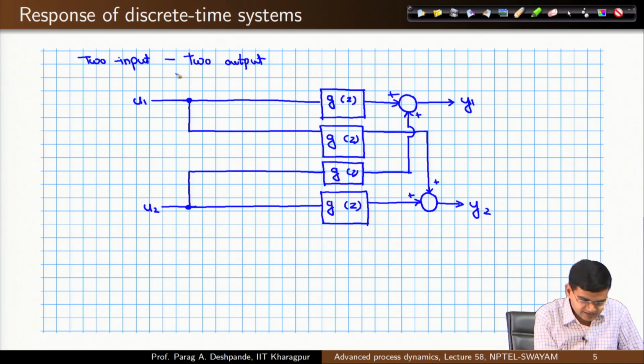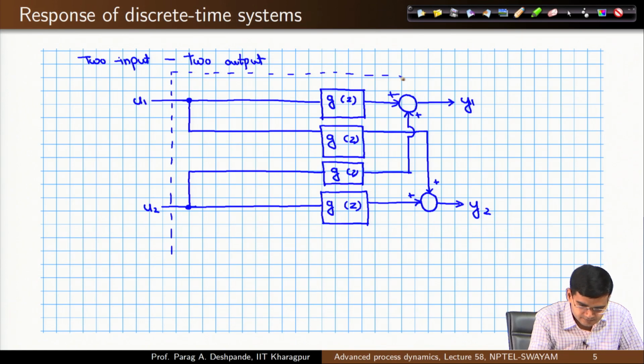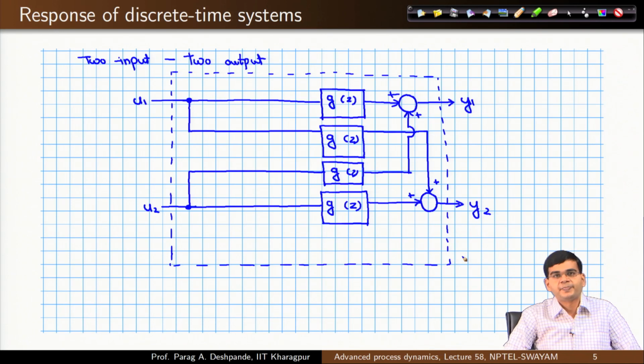I can do one thing, I can make a large block like this. And what I can see is that there are a lot of operations going on inside this dashed block, but all I can see from outside is that I have two inputs and I have two outputs, right.